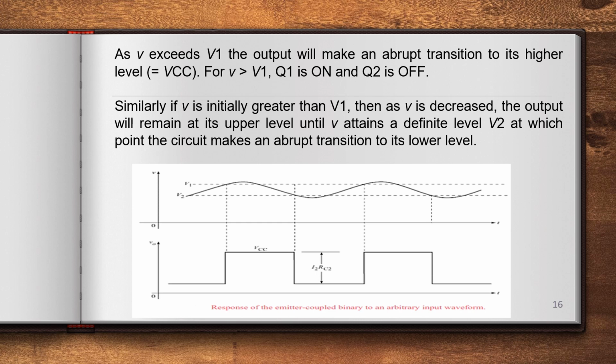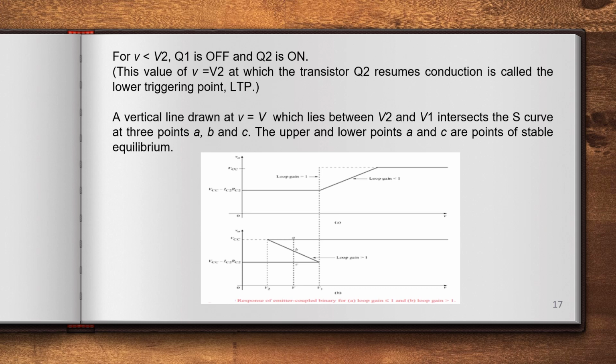So this is the input voltage. At this instant, the input voltage is equivalent to V2, where V2 is equivalent to the cut-in voltage of transistor Q2 plus the common emitter voltage. At this value of input voltage, Q1 enters into cutoff and Q2 enters into saturation.